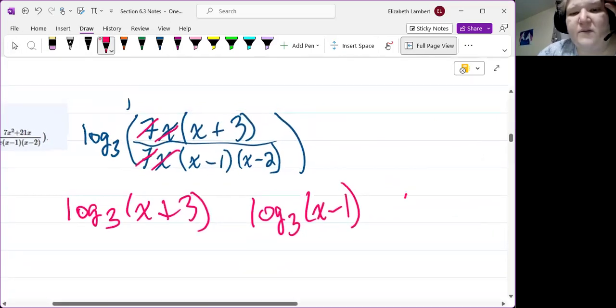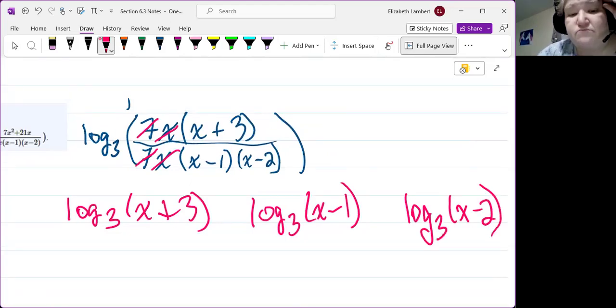And I have log base 3 of x minus 2. X minus 1 is on the bottom, so it gets a minus in front of the log. X minus 2 is also on the bottom of that original fraction. It also gets a minus in front of it. That's it.